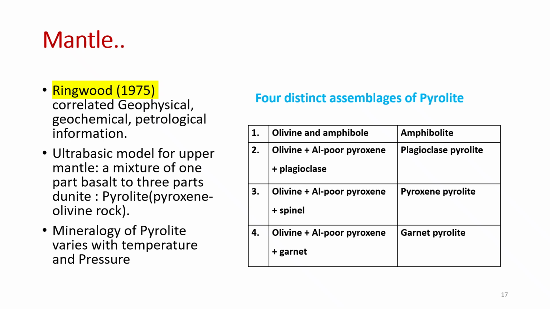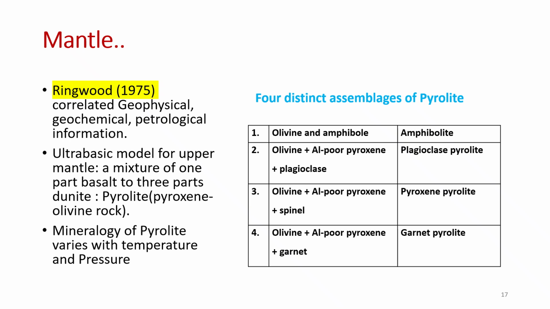And the mineralogy of the pyrolite varies as a function of temperature and pressure. Ringwood has shown that this material could crystallize in 4 distinct assemblages. The first assemblage includes olivine and amphibole, also known as amphibolite. The second includes olivine, aluminous pyroxene and plagioclase, named plagioclase pyrolite.